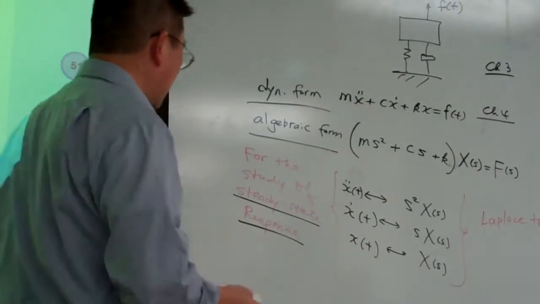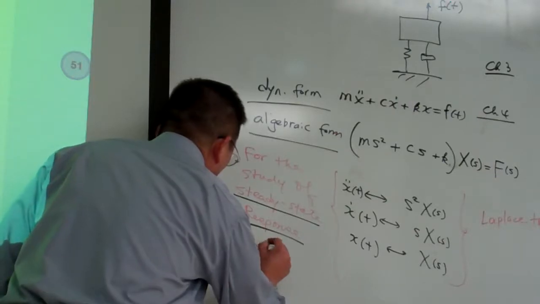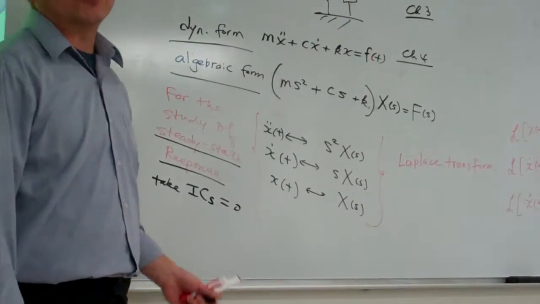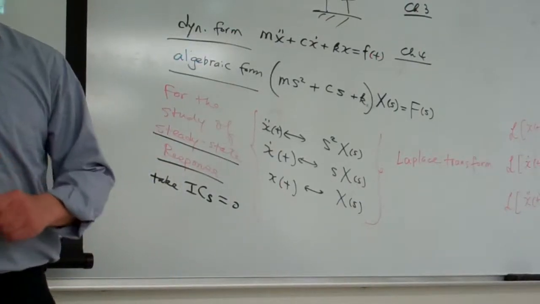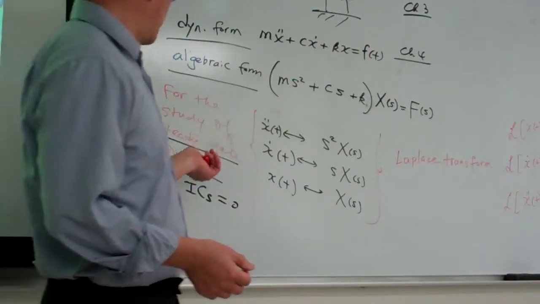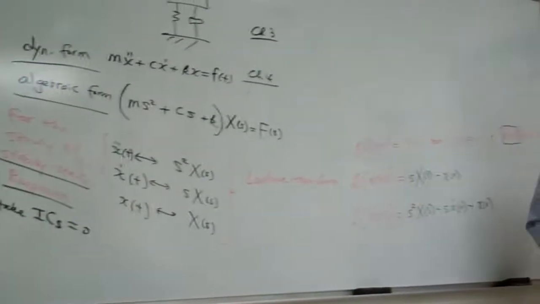So when we consider steady state response, we can take all the ICs equal to 0, because the steady state response simply doesn't consider the contribution from the initial conditions.